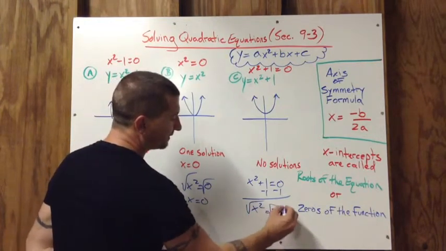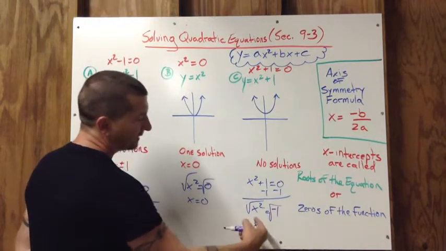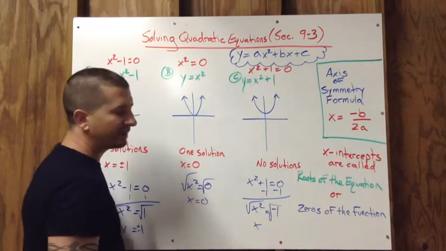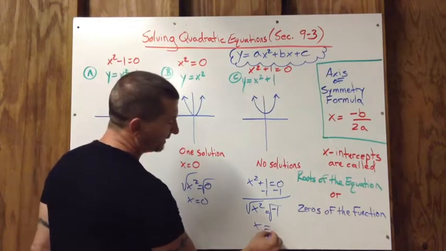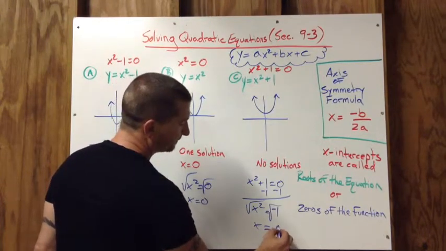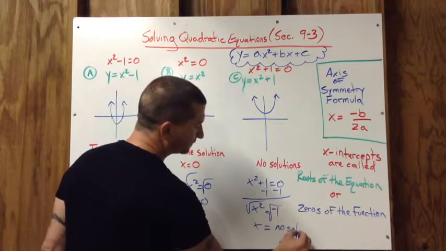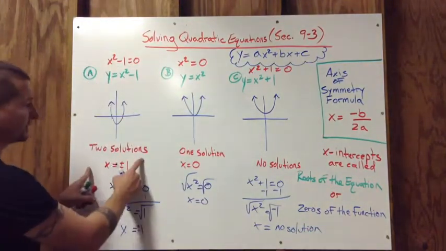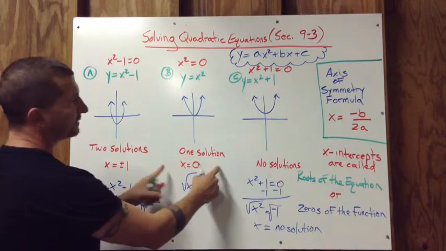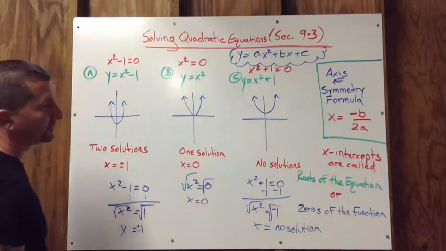Take the square root of both of these. There is no square root of negative 1. There is no number times itself that would give us negative 1. So that's why there is no solution. So with every parabola, we're either going to have two solutions, one solution, or no solutions.